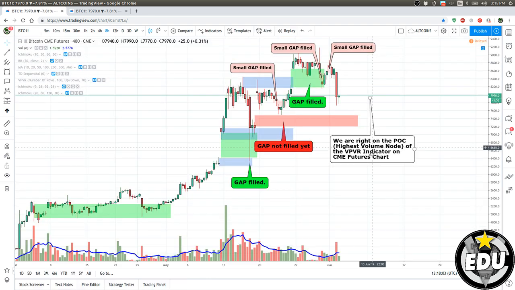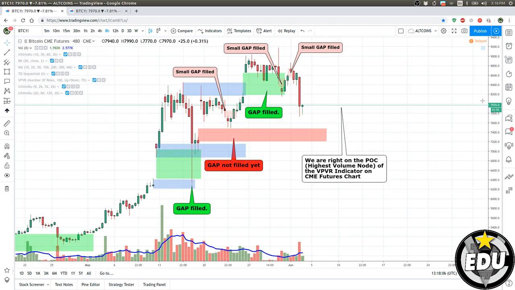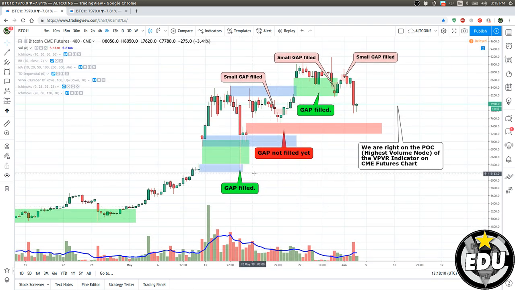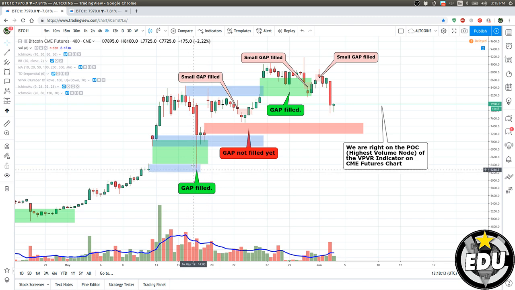when many traders see these gaps and place orders just below the gap, you may imagine how many orders can be triggered, and the coin can spike in a second. So this happened again. This happened here. This happened here.